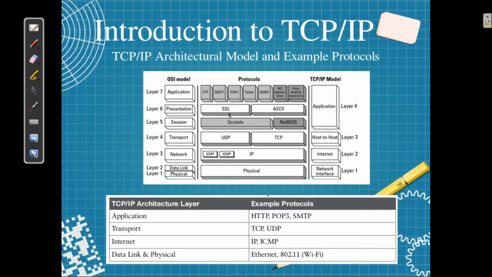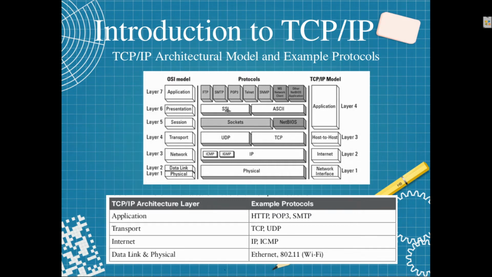So we have protocols like SSL, and they may ask you what SSL does. That's security at the presentation layer. You have HTTP and HTTPS, and SSL shows whether your website is certified. ASCII is also a representation. Now TCP, UDP and everything else you know.